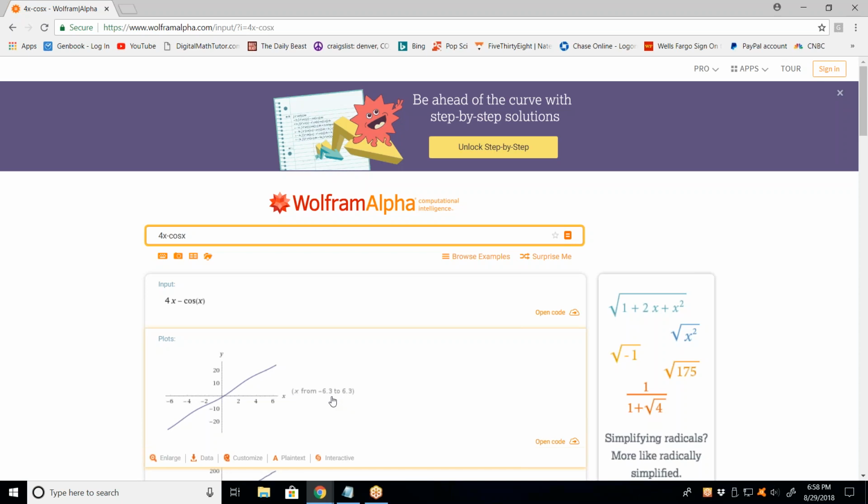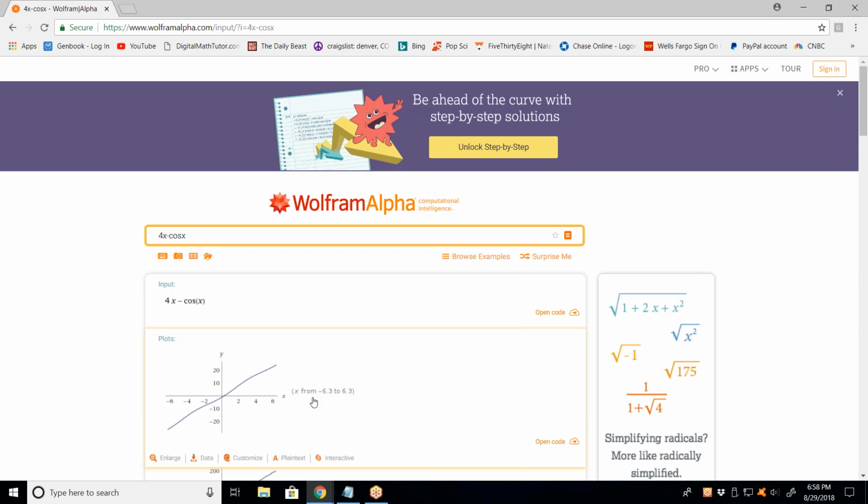And those numbers are key. What is 6.3? That's 2 pi. Basically 2 pi. If you think of pi as being 3.14, then 2 pi is 6.3. So their domain on this graph is minus 2 pi to plus 2 pi.